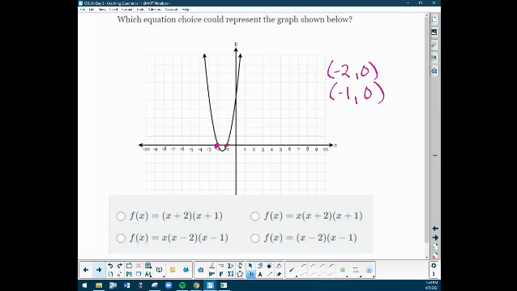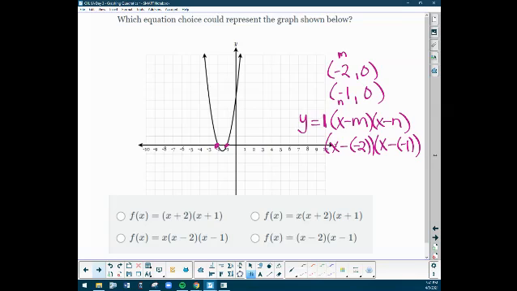Okay? Then when we put it into the equation, remember factored form, we're going to have x minus m times x minus n. So let's say this is m and this is n. x minus negative 2 and x minus negative 1.